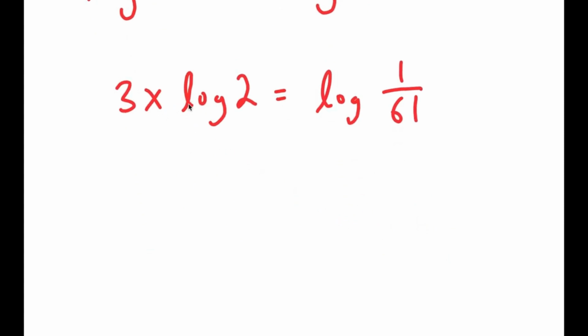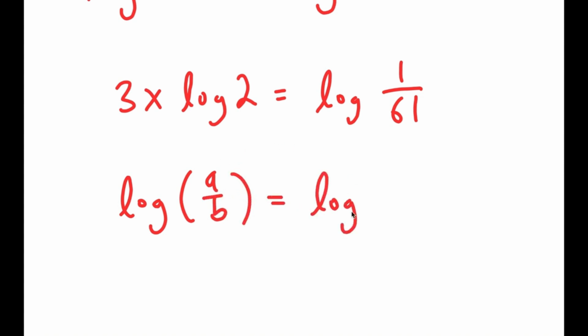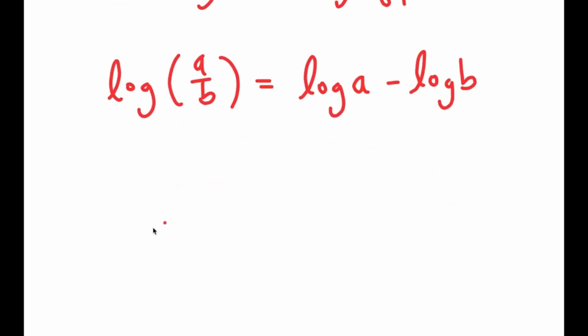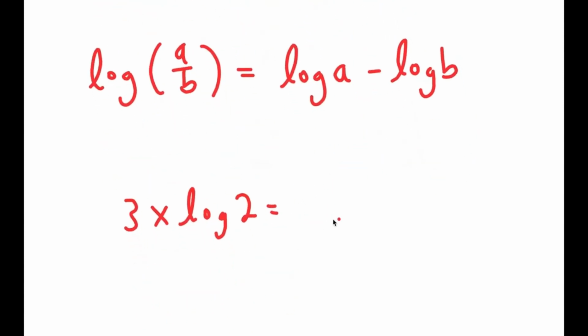Now, we obviously want to isolate x, but before that, we want to simplify this a little, log 1 over 61. Now, if I have something in the form log a over b, this is equal to log a minus log b. So log of 1 over 61 is equal to log of 1 minus log of 61.